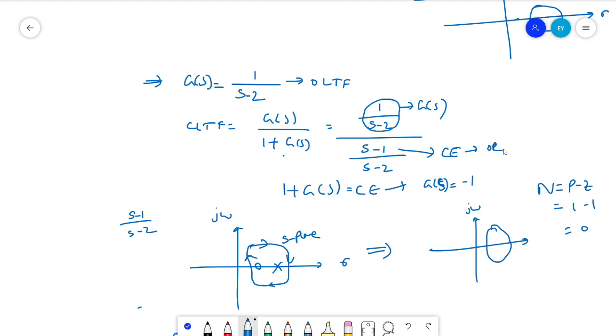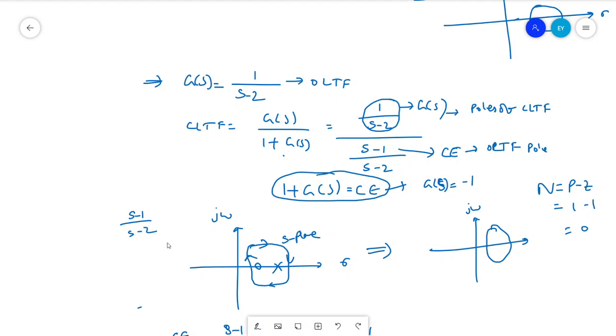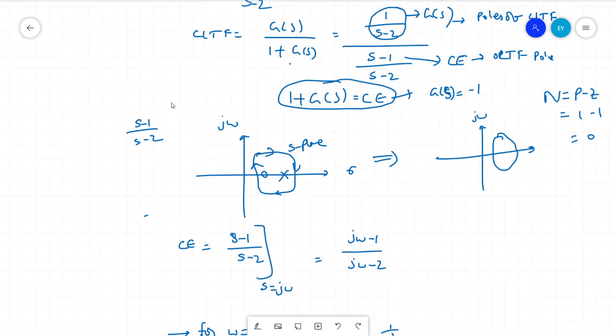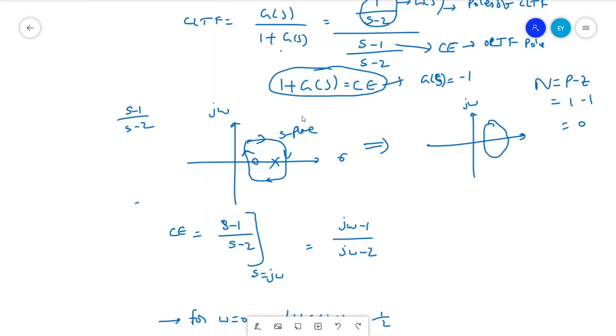This numerator is nothing but zero. Zeros of the characteristic equation are nothing but poles of the closed loop transfer function. Okay, sorry, this is the characteristic equation. This is actually the closed loop transfer function. Remember those points which I gave before. And this is nothing but the characteristic equation for the given transfer function.